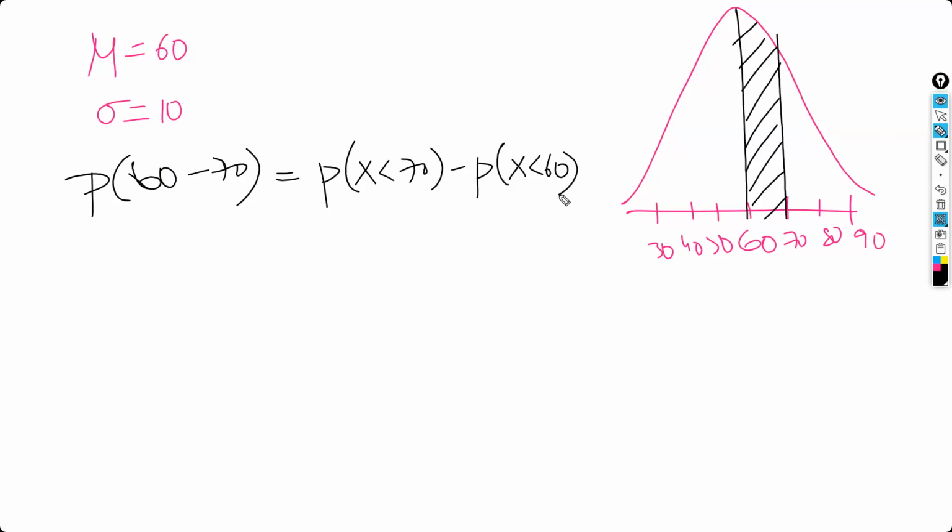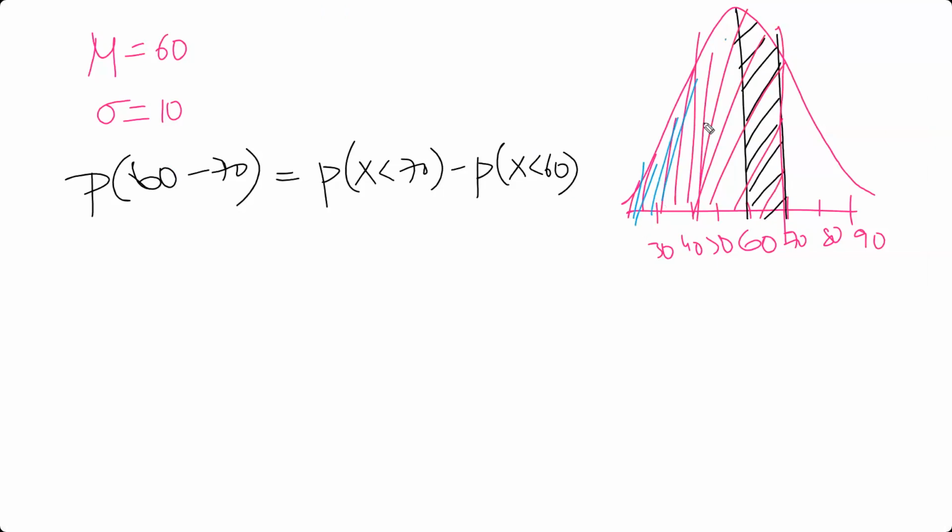Why less than 70 minus less than 60? See, less than 70 means from the starting to 70 you are going to get. Less than 60 means from the starting to 60 you will get.